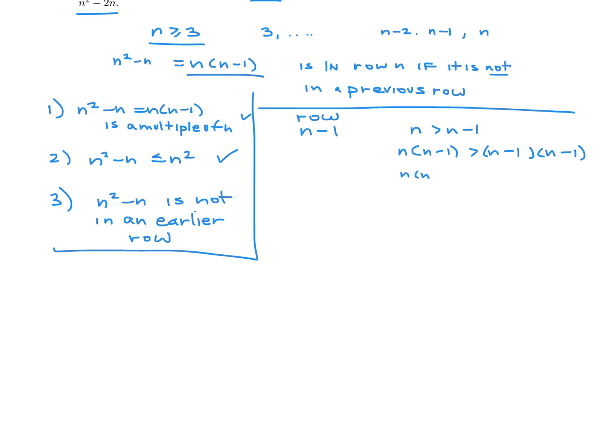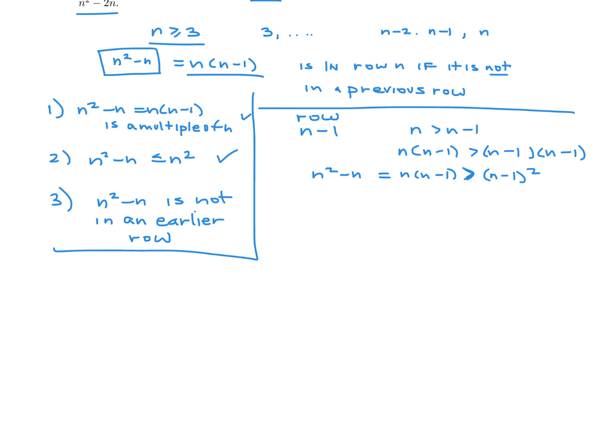So that means that n times n minus 1 is greater than n minus 1 squared. So that basically means that this guy, n times n minus 1, which is our n squared minus n, our main number that we're trying to figure out if it's in row n, is greater than n minus 1 squared.